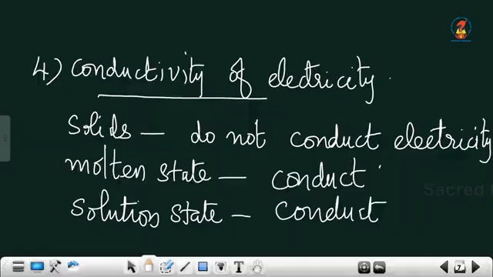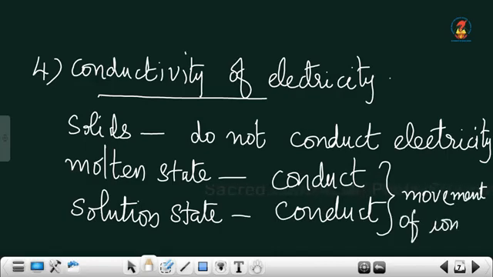Due to the movement of ions they conduct electricity. Movement of ions is here, and in this case there is no ionic movement.